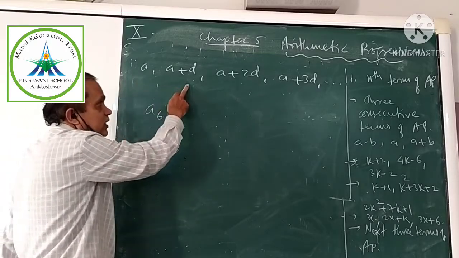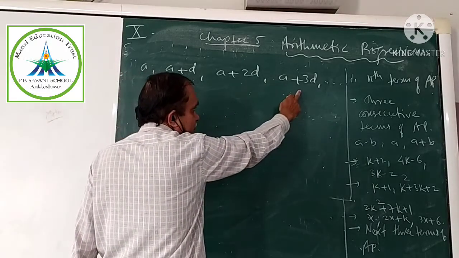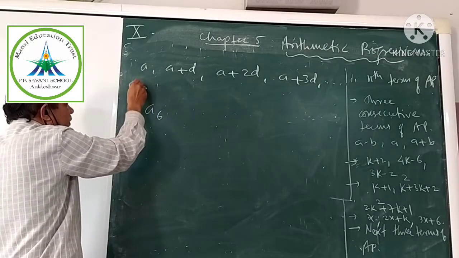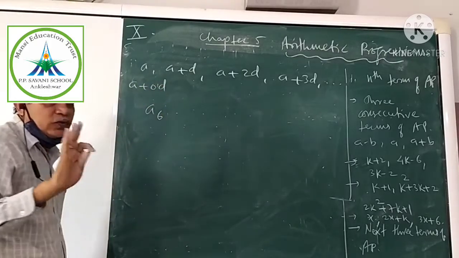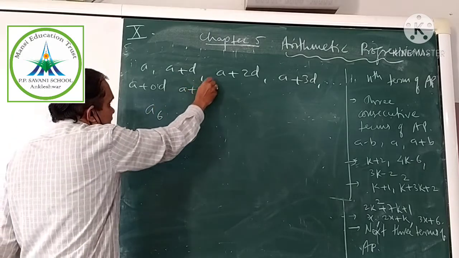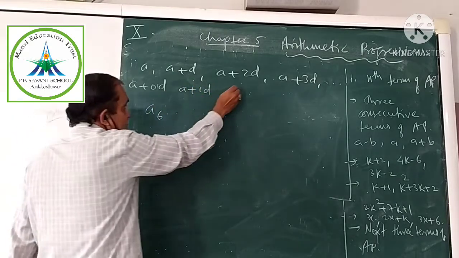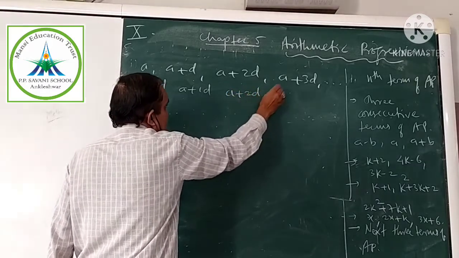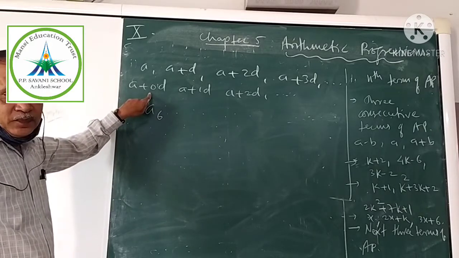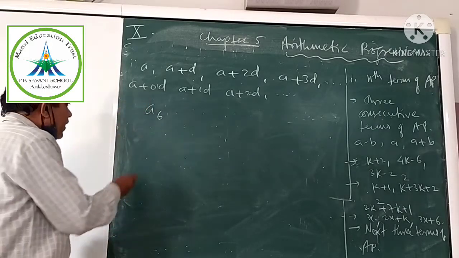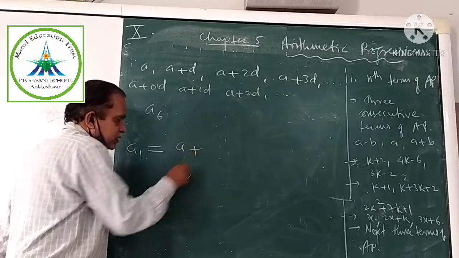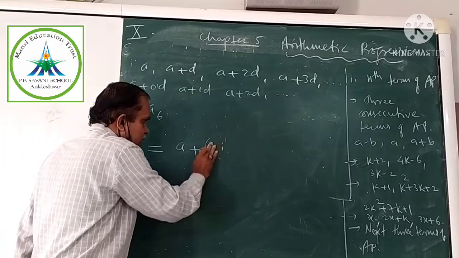First term, second term, third term, fourth term. I am writing A plus 0D, A plus 1D, A plus 2D, and so on. This is the first term, A1. I am writing this as A plus 1 minus 1.